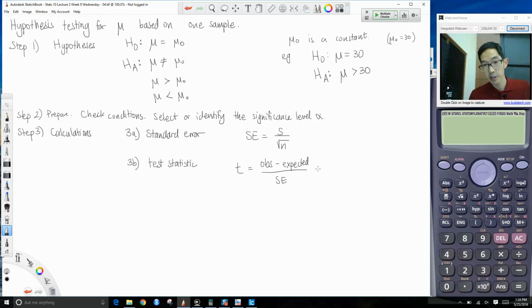And in this case, our observed value is x bar. What we are expecting, though, if the null hypothesis were true, is that our samples to be around mu 0. So this is what we observe, this is what we're expecting, and we want to know, is there a significant difference between the reality and the expectation? So that's our test statistic.